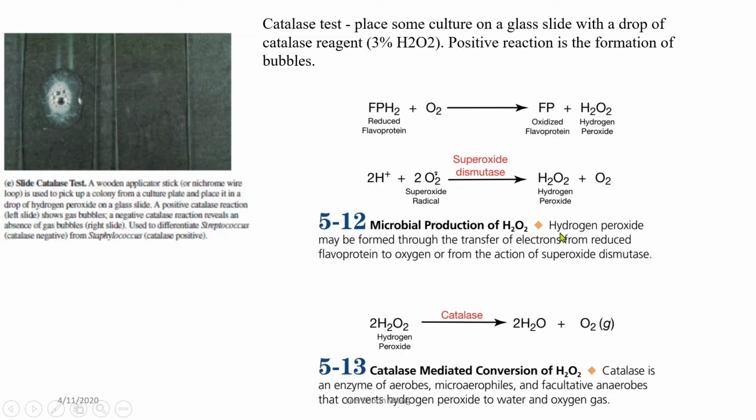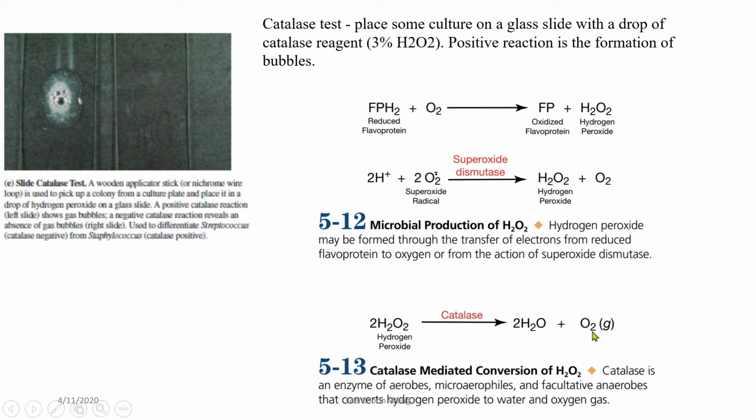Next is the Catalase test. The catalase test is where you place some culture onto a glass slide and then you add a drop of catalase reagent. The catalase reagent is usually 3% hydrogen peroxide. If the bacteria has the enzyme catalase, it will degrade the hydrogen peroxide and form bubbles, which are oxygen gas.